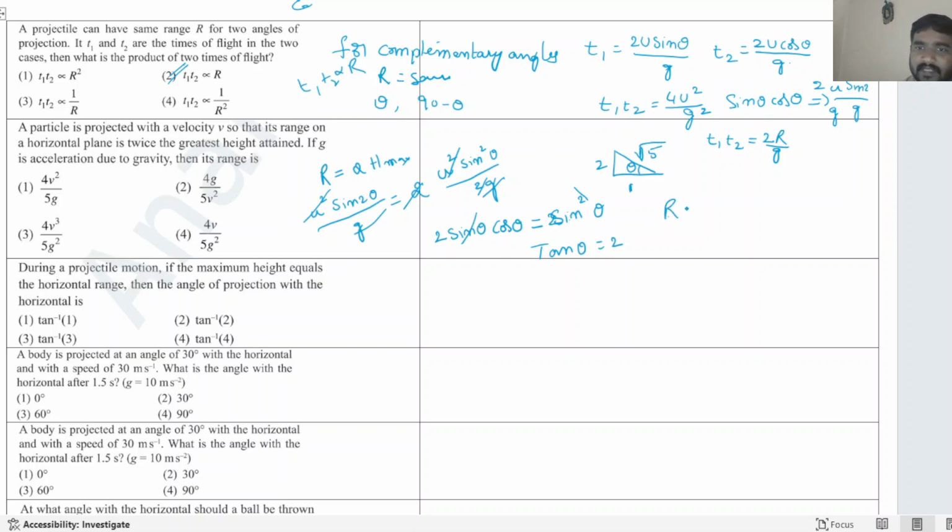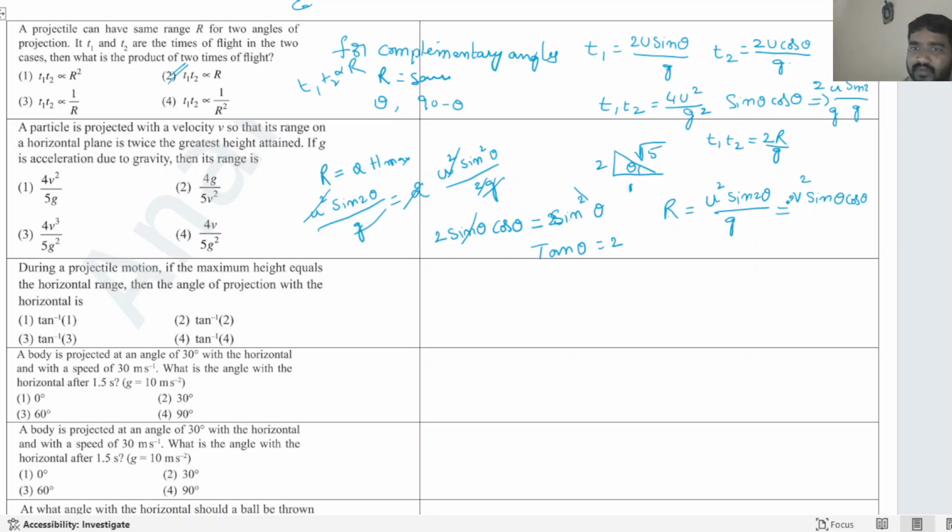Therefore, the range of the projectile is u square sine 2 theta divided by g, where u is nothing but v. So sine 2 theta I can write as 2 sine theta cos theta.